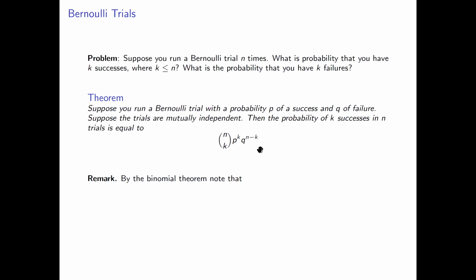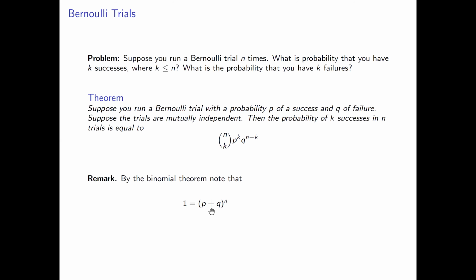One thing that's worth pointing out is that we'll be able to use the binomial theorem to make sense of this a little bit more. Notice that if I add up the probability of a success plus the probability of a failure, or p plus q, remember that has to equal 1. And so if I raise 1 to the power of n, that's still just equal to 1.